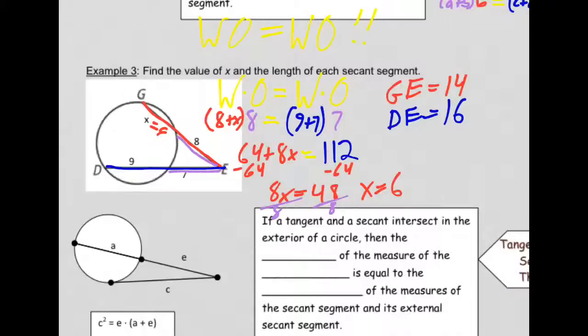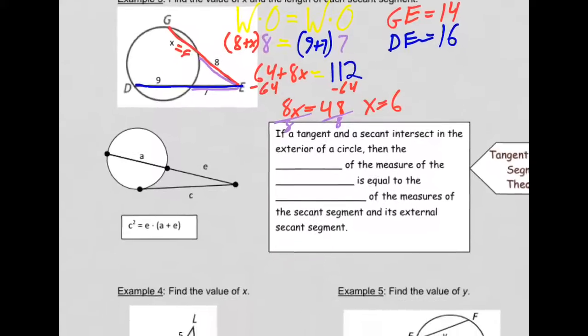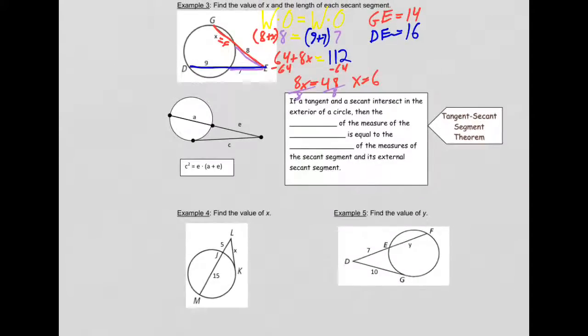Okay. On the bottom here we have a tangent. And for this tangent, guys, it's still the same thing. It's still whoa, whoa.